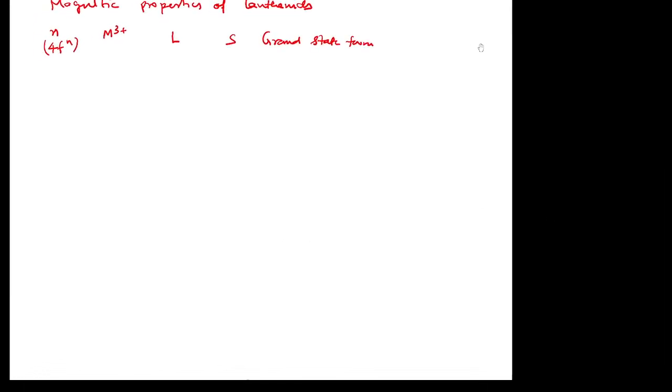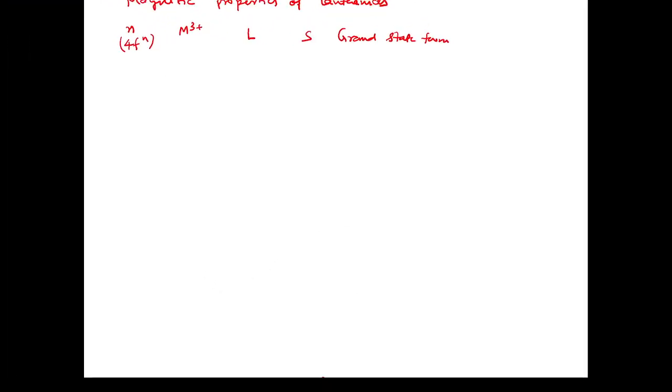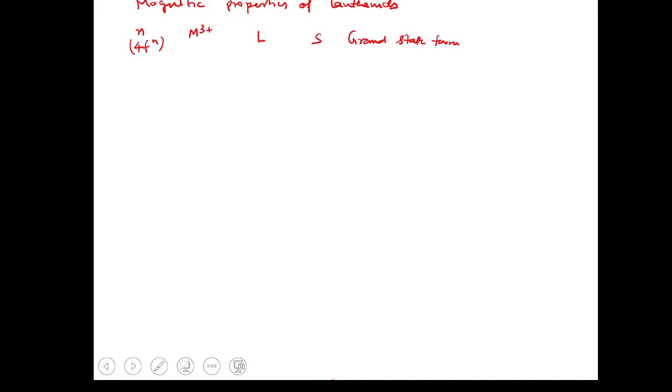Here I will write n, basically 4f^n, which is M3 plus. Then the L value, the S value, the ground state term, and then the g value, the mu J value, and finally mu experimental.